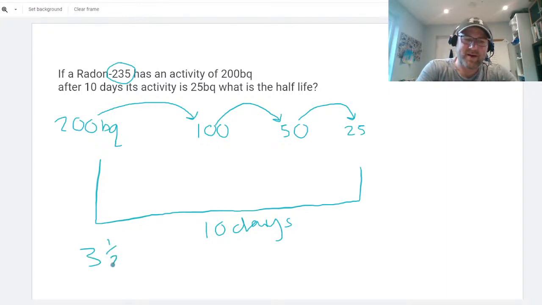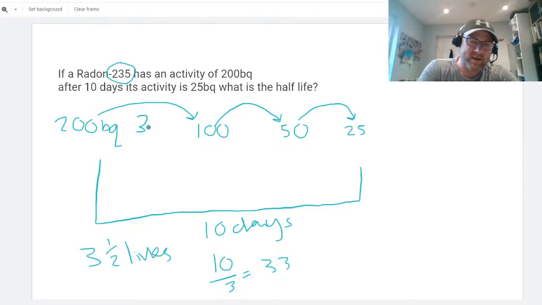So we've got 3 half-lives over 10 days. You could do 10 divided by 3, and it's going to be 3.3 days. So the half-life is 3.3 days. Each time is taking 3.3 days. So it takes 3.3 days to half.